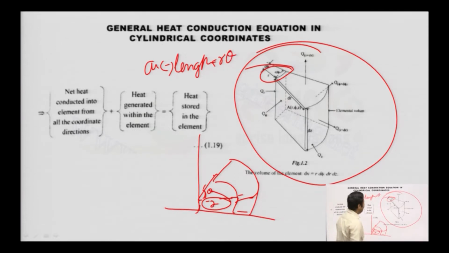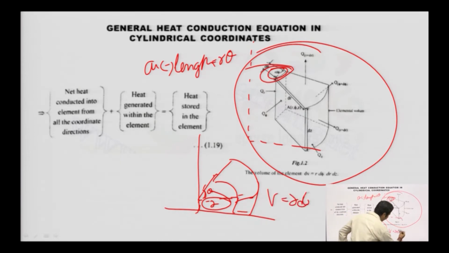Here the angle is d phi, so it is r d phi. One side of the element will be r d phi, another will be dz and another will be dr. So this is the volume.